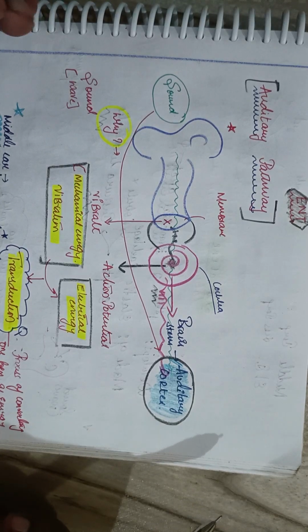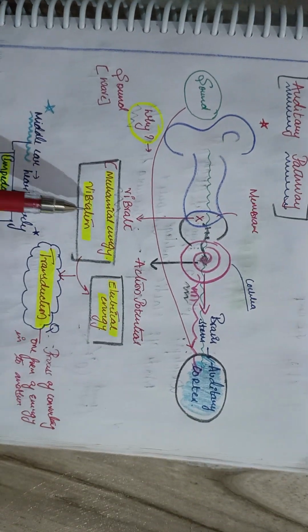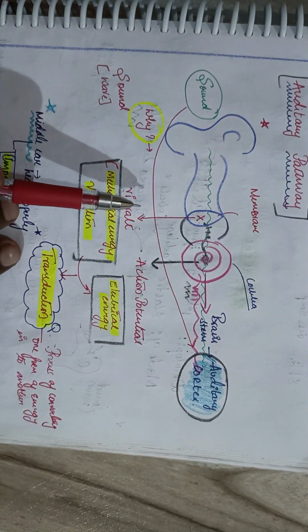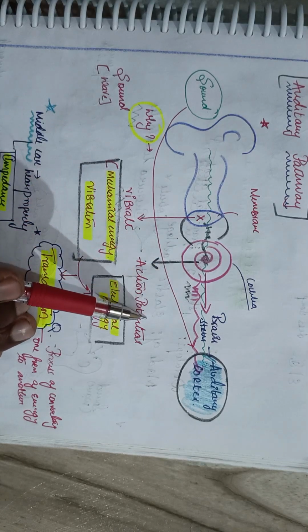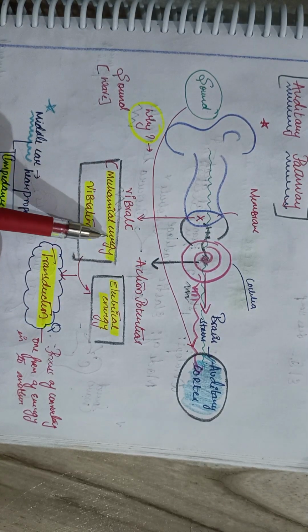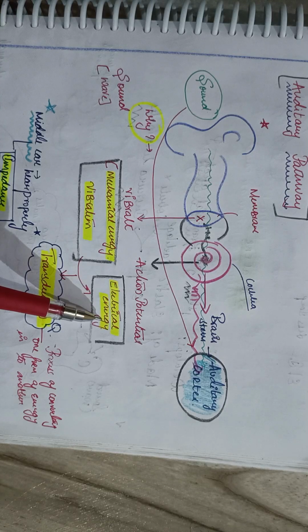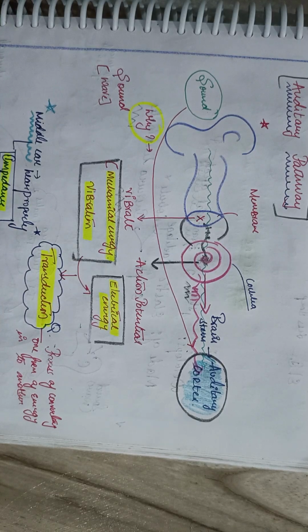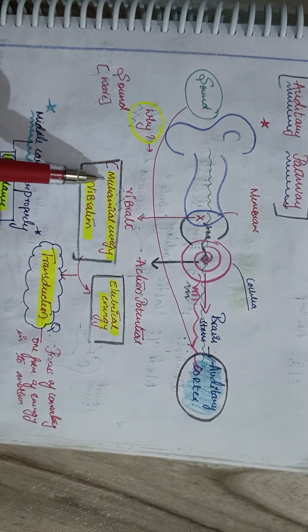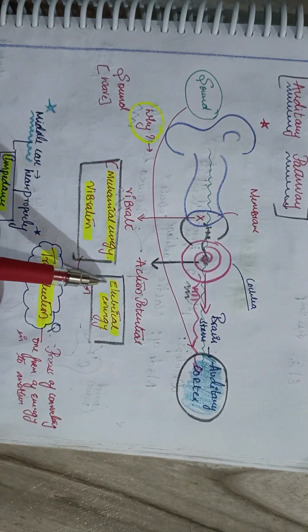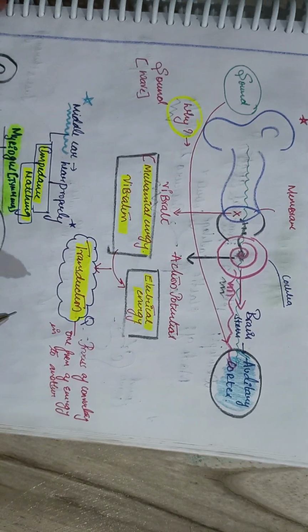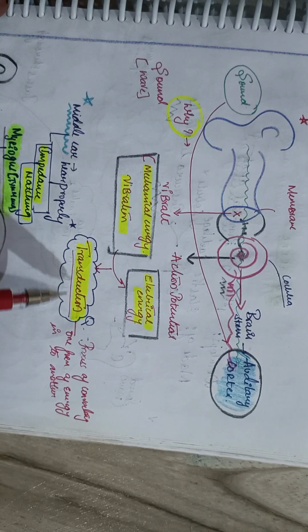Now we need to understand that the mechanical energy, or the vibration, is converted into action potential, that is, the mechanical energy is converted into electrical energy. This change of energy from mechanical to electrical we call transduction.